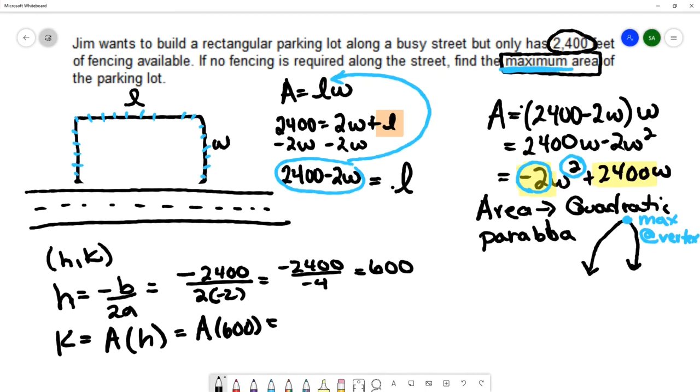We don't actually need the area in this problem. It's only asking for, oh, it is asking for the area, so we do need that. So right here it says find the maximum area. So we're going to substitute 600 into the area function. That's negative 2 times 600 squared plus 2,400 times 600.